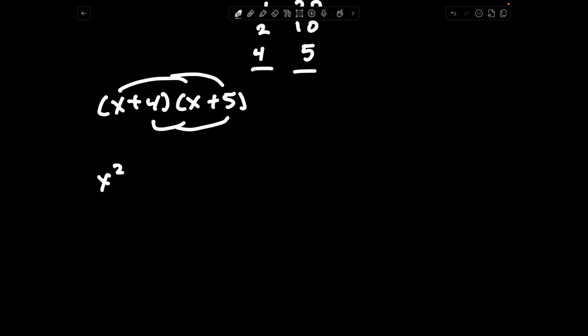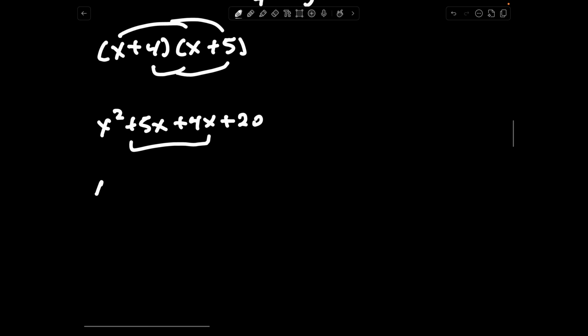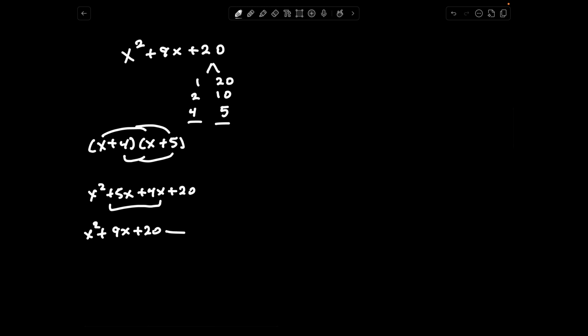So I'll go a little quicker this time. We're given x squared plus 5x plus 4x plus 20. Multiply this together, that's x squared plus 9x plus 20. Boom. That's it. Our exact same thing up here.